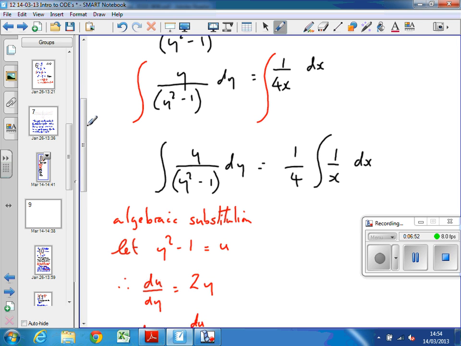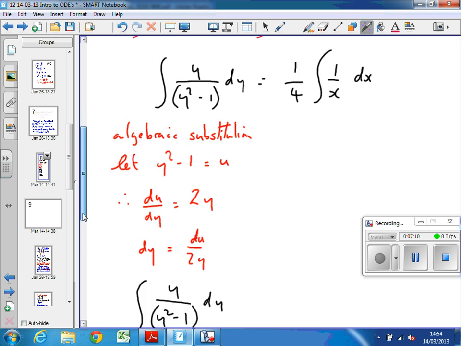We've still got to separate the variables, going back to the basic idea: separate the variables and then do the integrals. Here they are. Unfortunately, this time, this integral involves an algebraic substitution. So what we've just done on the left-hand side now equals this. Well, the integral of 1 over x is log x, isn't it?